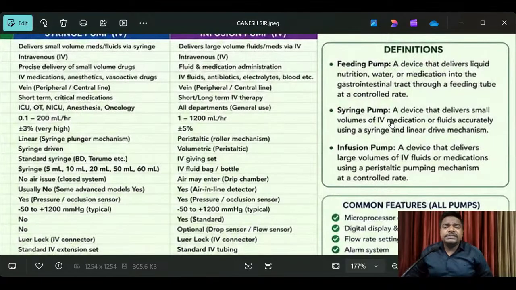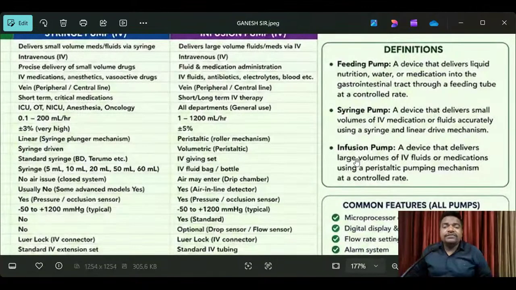Now, a syringe pump is a device that delivers small volumes of IV medications or fluids accurately using a syringe and linear drive mechanism. Whenever it is used, the patient is completely unable to move and everything depends on medications. So we provide the proper medications using this linear drive mechanism system.